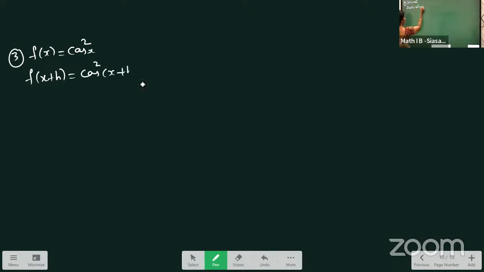Third one. F of x is equals to cos square x. Same process. Immediately f of x plus h: cos square, only in the place of x, write x plus h. Now apply the formula by the first principle.